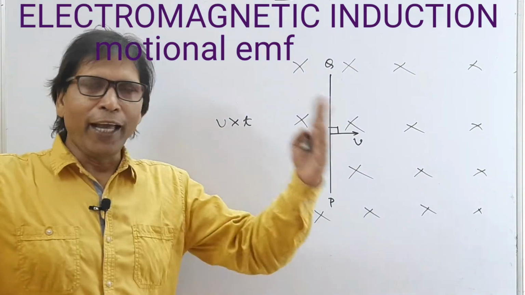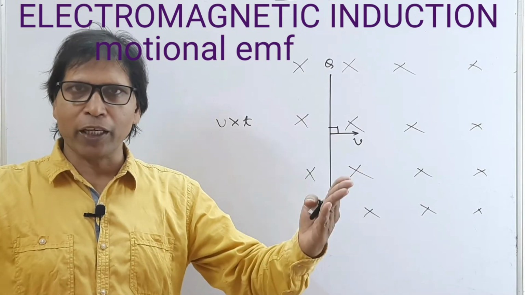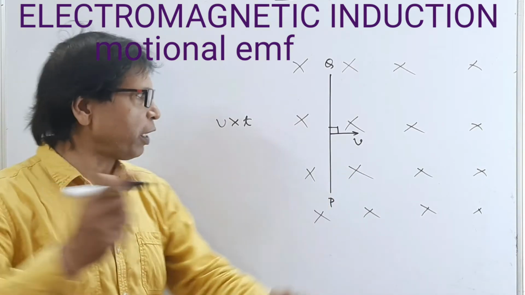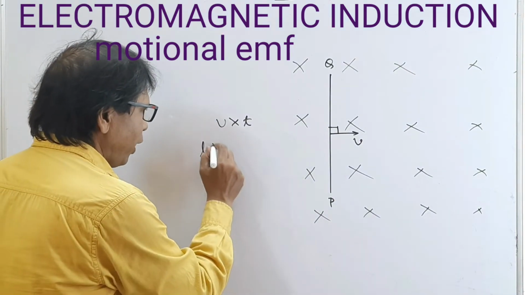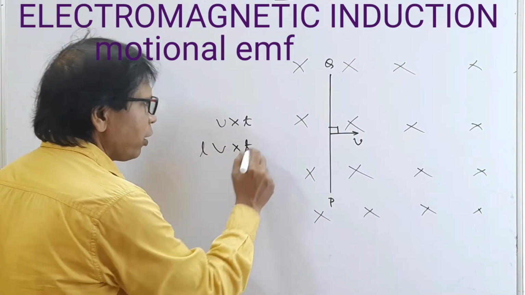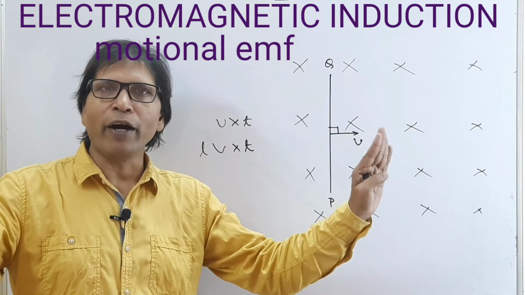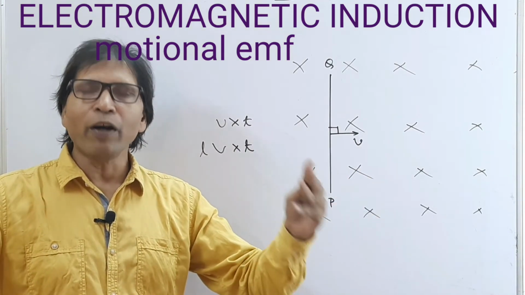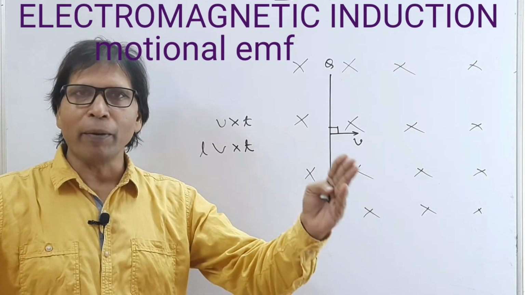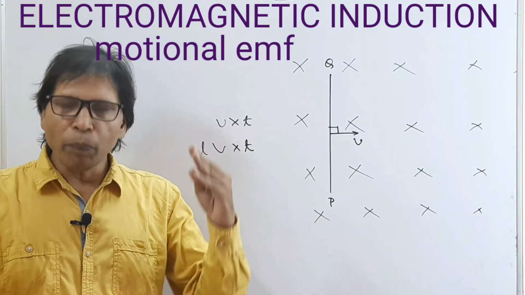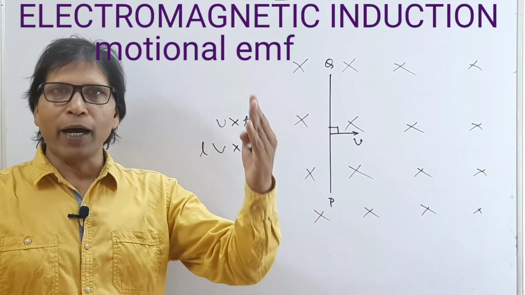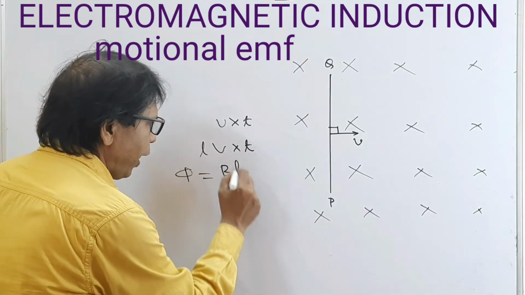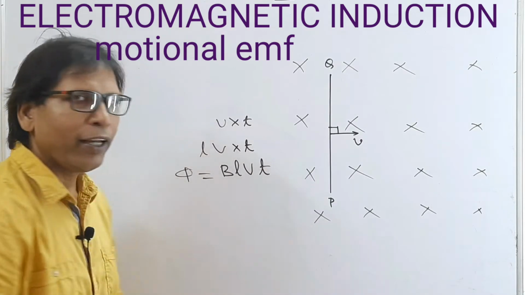Now, if the length of the rod PQ is L, then the area swept by PQ is L into v into t. As the motion of the conductor is perpendicular to the rod and also perpendicular to the magnetic field, the flux linked with PQ is phi equals B L v into t.